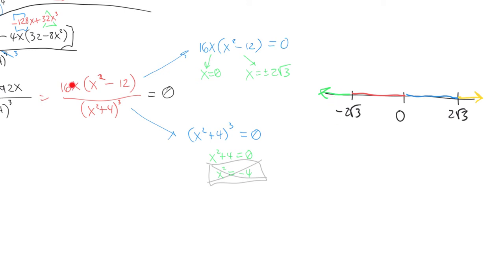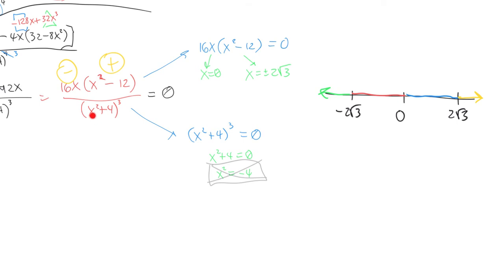Imagine we plugged in a negative 5 here. We'd have a huge negative number, negative 5 times 16, and then 25 minus 12, which is a positive number. So the numerator would be negative.